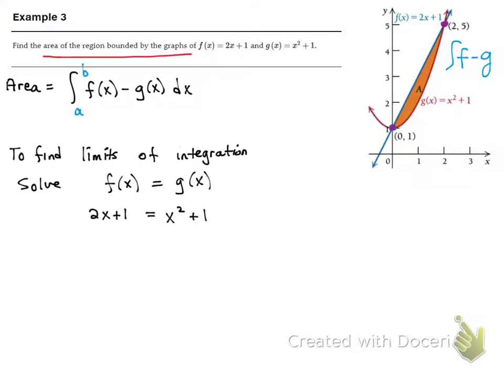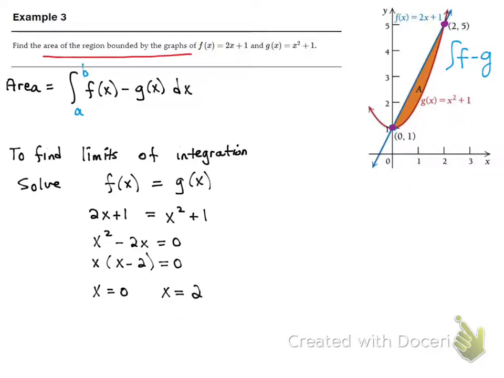I subtract 2x from both sides, and subtract 1 from both sides, and I now have this equation, which I see I can factor. I set each factor equal to 0, and I get x equals 0, or x minus 2 equals 0, which tells me x equals 2.